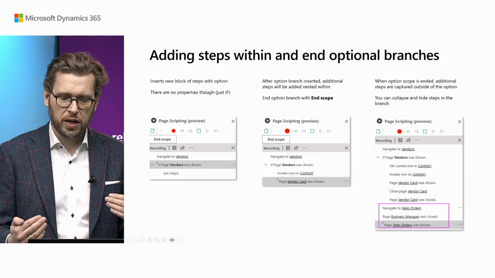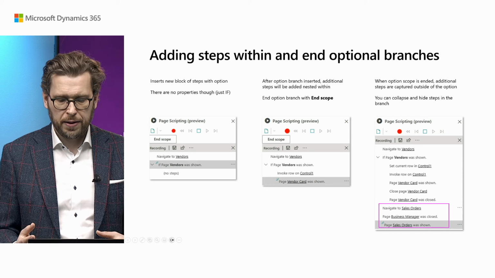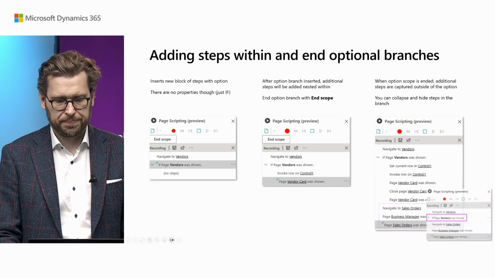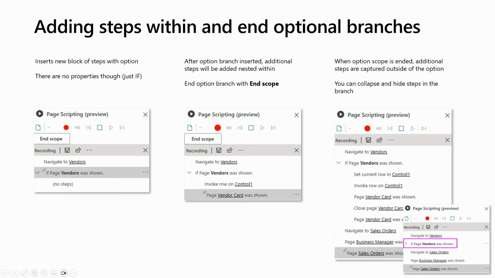Right? So that gives you, again, control over branchings in your recorded steps. By the way, in the UI here, if you get very long scripts, you can collapse these nested structures, right? That's what I'm showing here. You should be familiar with that concept, and that just makes it a little bit easier to read the overall script.